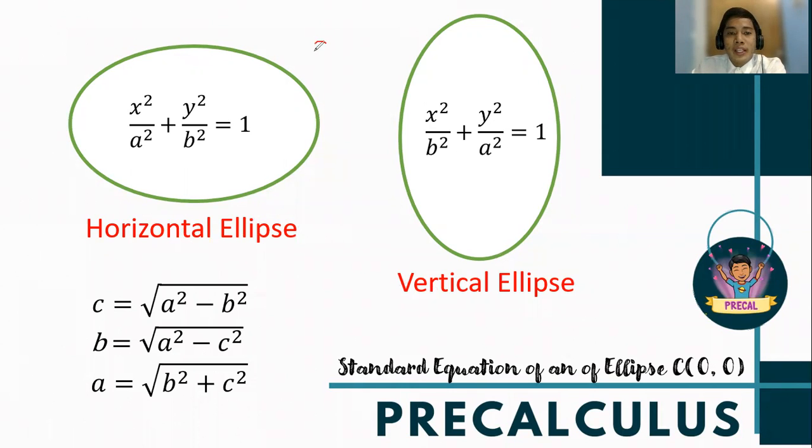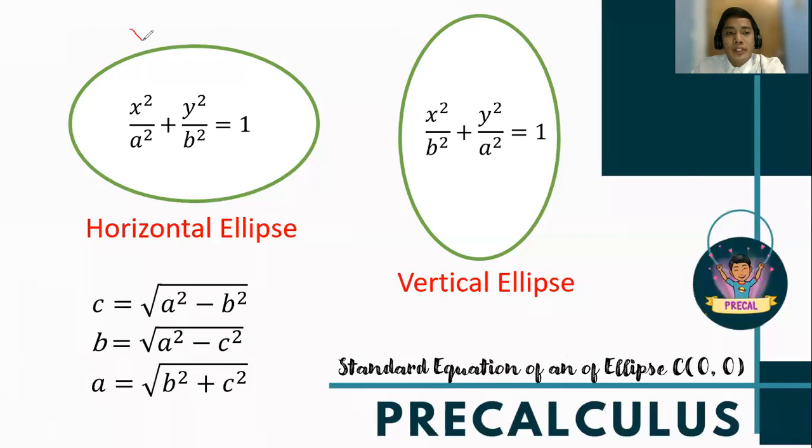Always remember that the length of the semi-major axis is greater than the length of the semi-minor axis. If the x part has the bigger denominator, then it is a horizontal ellipse. If the y part has the bigger denominator, which is a squared here, it is a vertical ellipse.